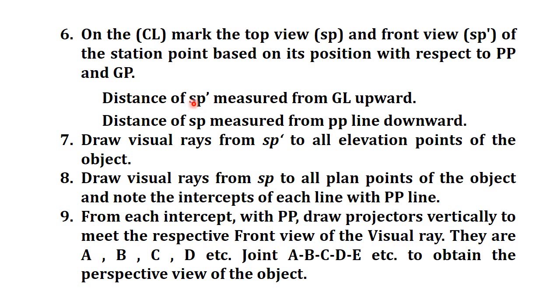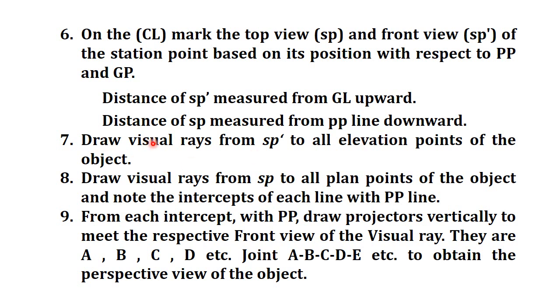Distance of SP dash is measured from the ground line upward, because always the observer is above the ground plane. Distance of SP is measured from the PP line downward, because the observer is always located in front of PP. So SP is always below the PP line.